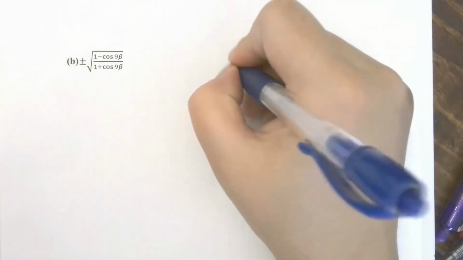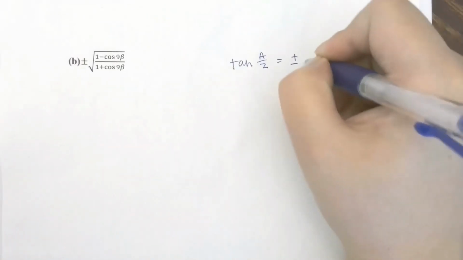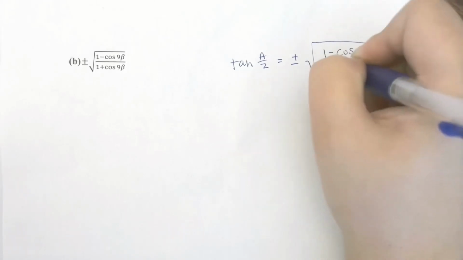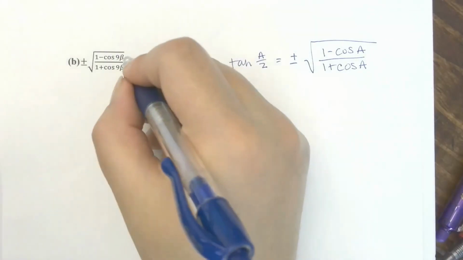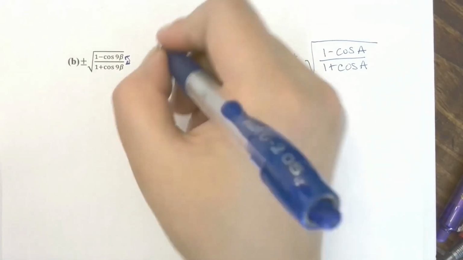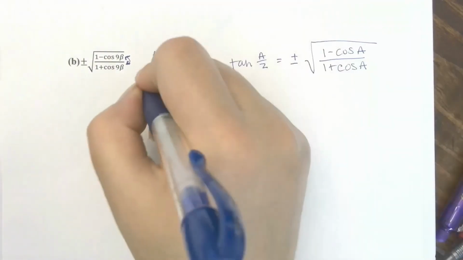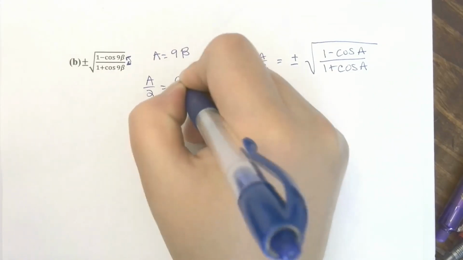For the next one, the identity here is tangent of A over 2 equals plus or minus the square root of (1 minus cosine A) over (1 plus cosine A). These have to be the same angle. Here A is 9 beta, so that means A over 2 is 9 beta over 2.